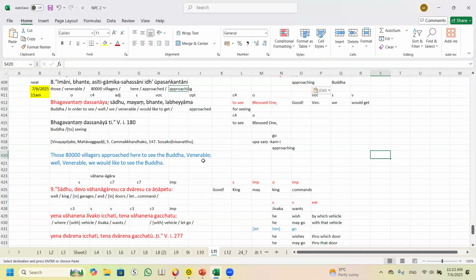To see the Buddha, venerable, we would like to see the Buddha. So this is the final translation. This is in Vinaya.